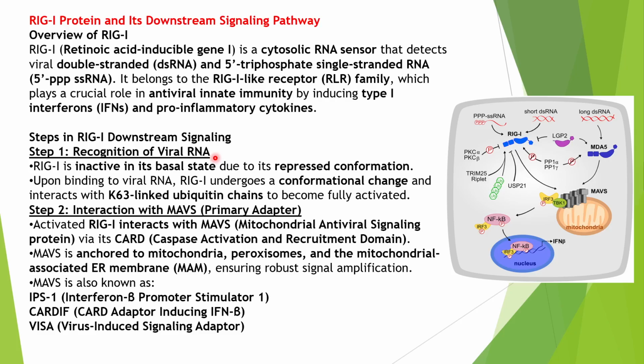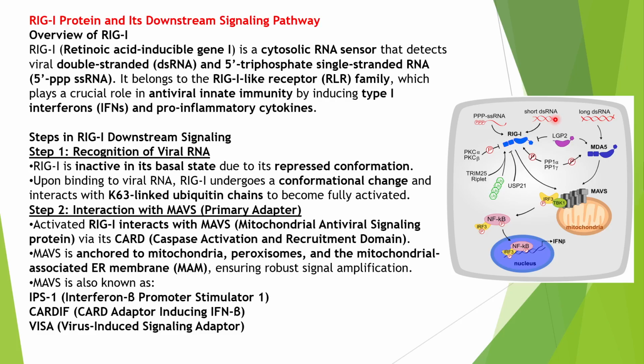So a repressed conformation leaves it in inactive state at basal conditions, but upon binding to a viral RNA, RIG1 undergoes a conformational change, which then leads to its activation. It interacts with K63 linked ubiquitin chains to become activated.